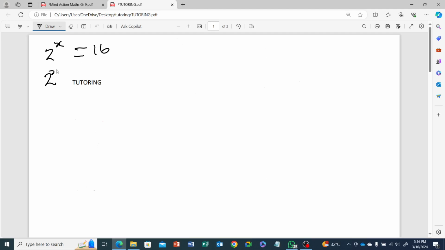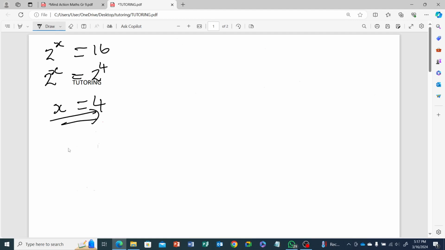So 2 exponent x is equals to 16, as a base of 2, which will be 2 raised to the 4. Now when you have same base on either side of the equal sign, you can drop the bases and equate the exponents. So x will effectively be equals to 4.